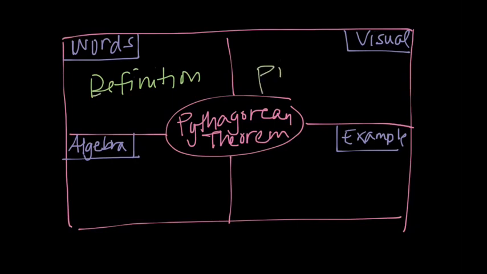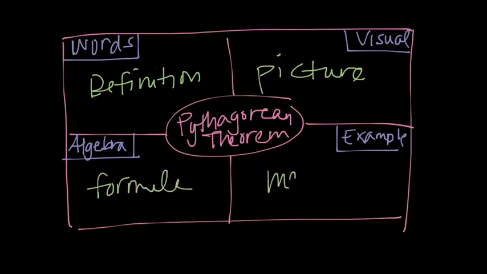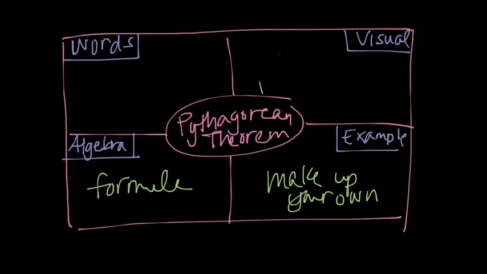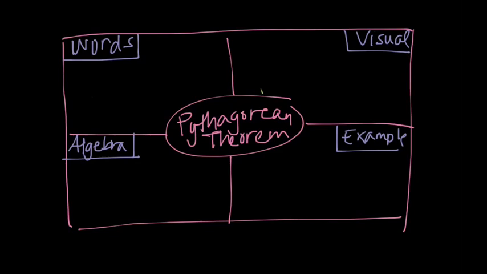Then here you're going to put a picture, probably like the proof. That's the one with the area squares on the sides. This will be the formula, and this is going to be make up your own. So don't write what's in the green. That's just a little tip for you. So you fill this graphic organizer in on your notes, and that's it. You're done.